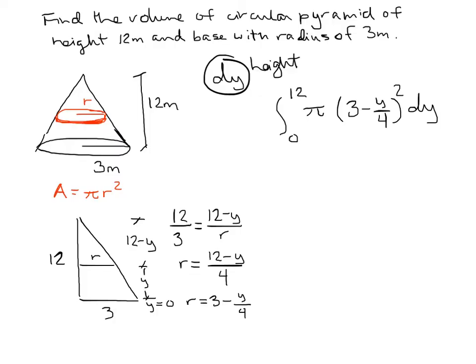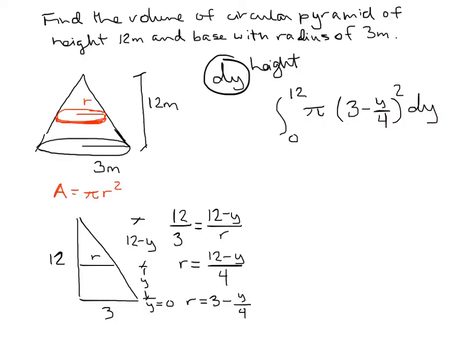Okay, so I just want to clarify before we integrate this. All of my variables are in terms of y here. All of this work down here at the bottom was to determine the radius in terms of y, because I wanted to add up the pi r squareds, but I wanted to add them over y's, and I needed the same variable.